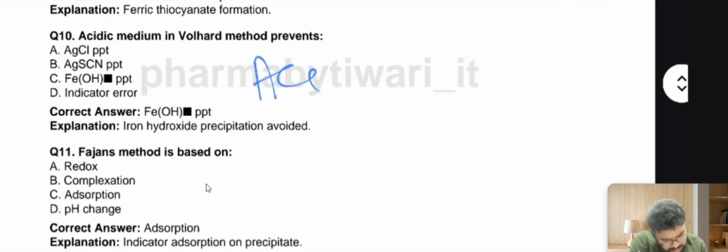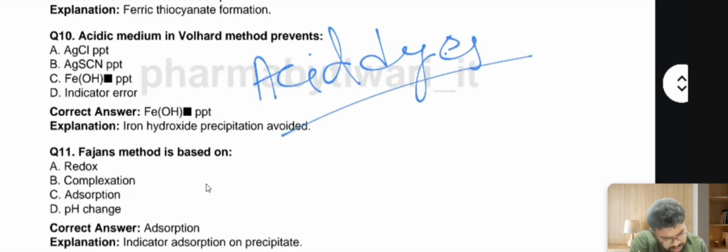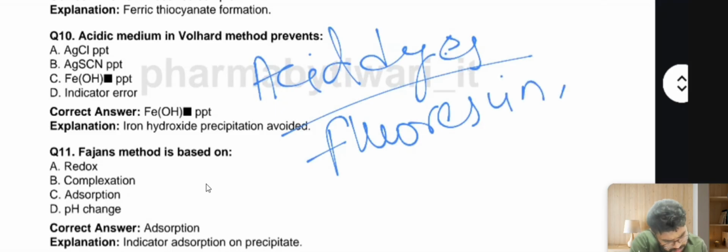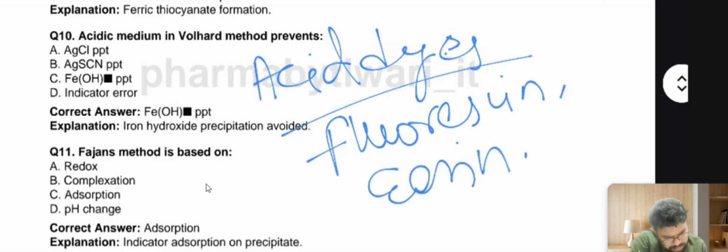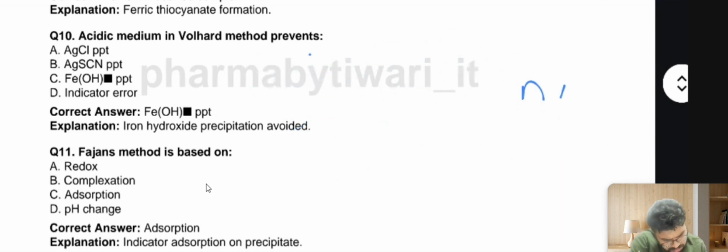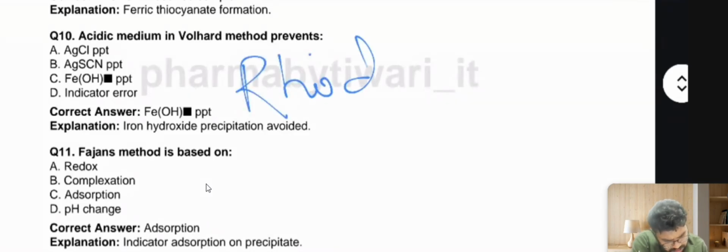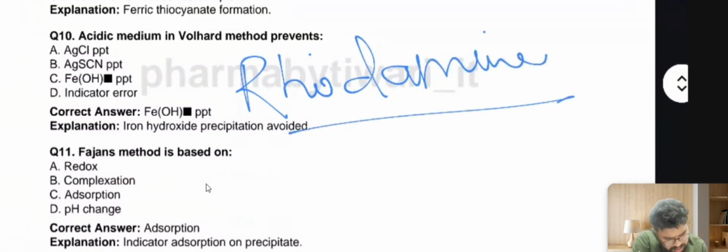In acidic dyes we use indicators like fluorescein, eosin, etc. And basic dyes used as indicators are the rhodamine series, rhodamine we use.